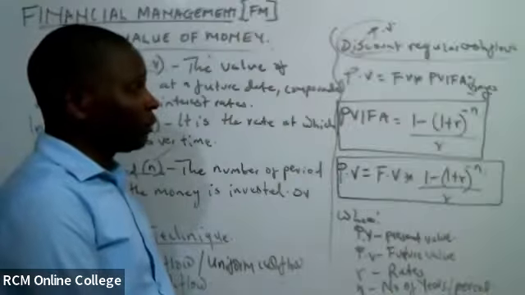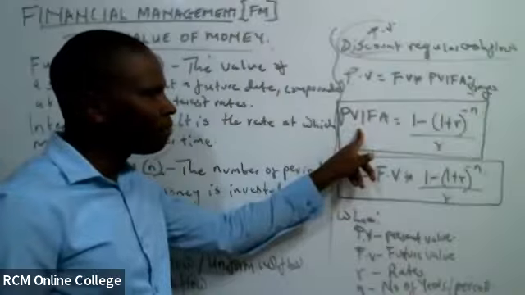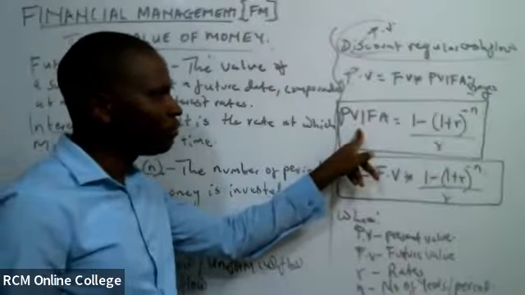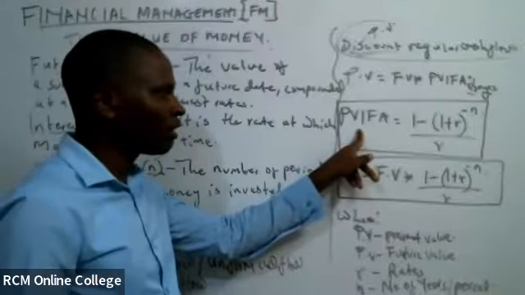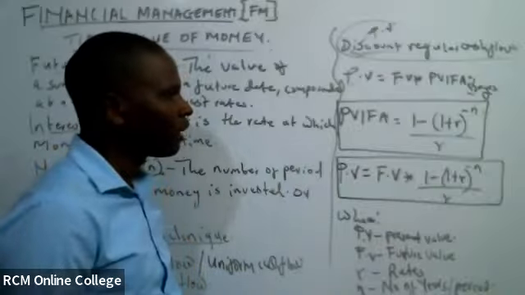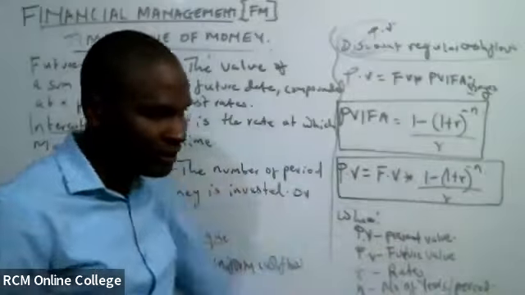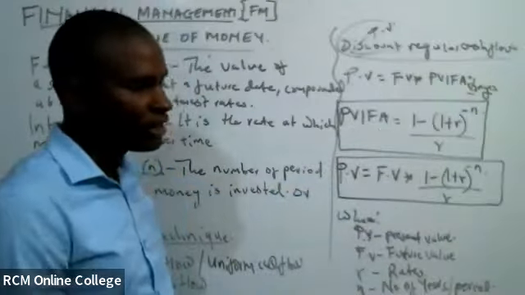Now, the PVFA, you'll be given a PVFA table and also a PVF table. At the back of your question paper, you will be given the PVFA table where you can read them directly, but still you can input them in your calculator.